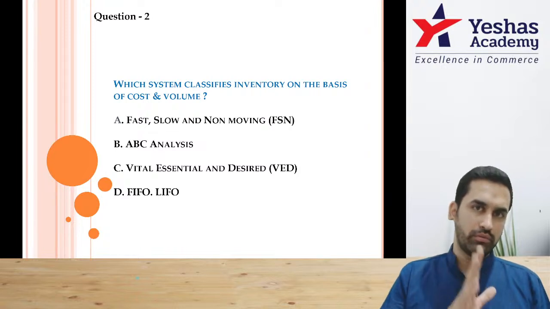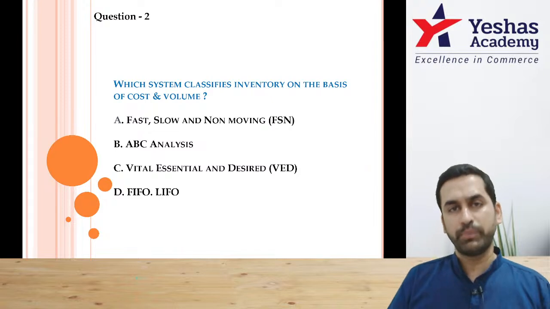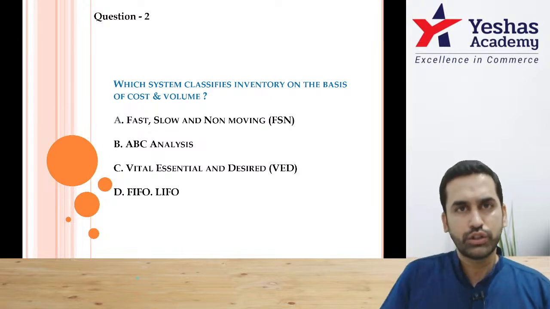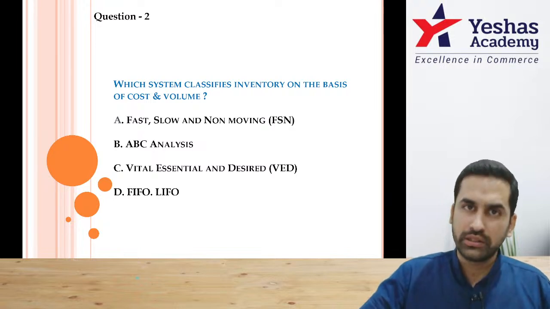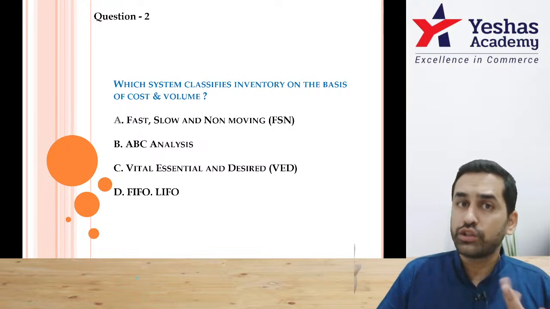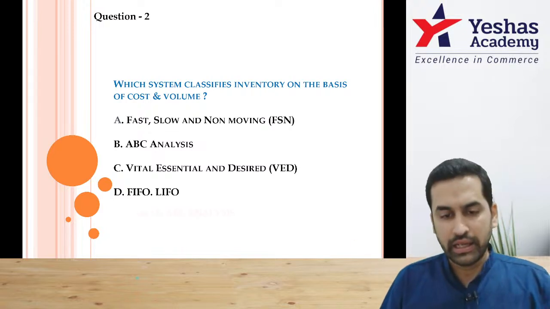Some of you are doing a wrong understanding here. Think FIFO, LIFO is for what purpose? It is to maintain your stores ledger. Items have come first, those items will be used first. That is stores ledger. That is for recording purpose. Correct? So the correct answer for this is ABC analysis.